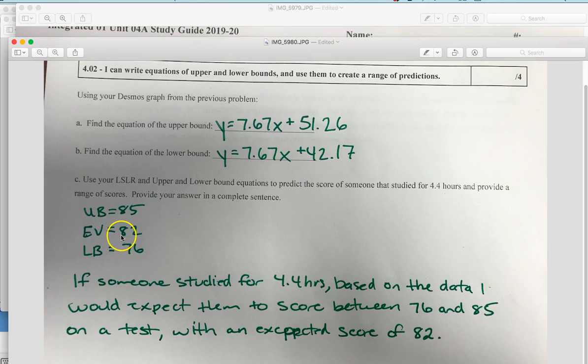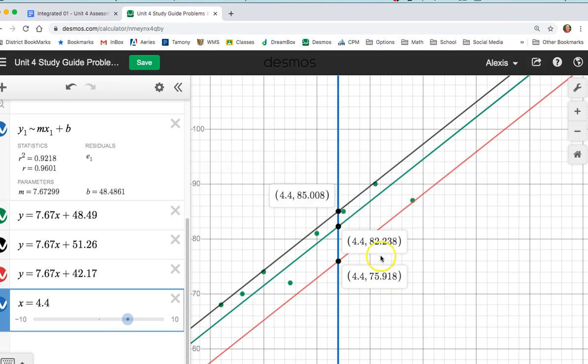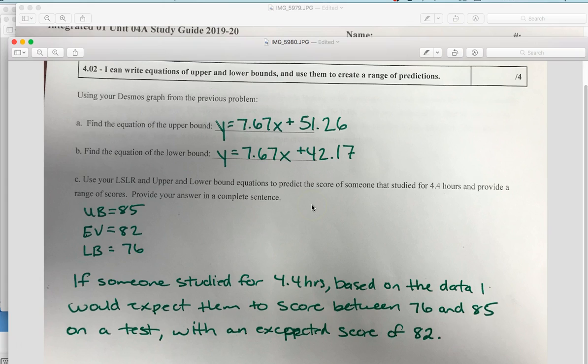The expected value was an 82, and the lower bound was a 76. Just to double check, 76, 82, 85. So here's my sentence. If someone studied for 4.4 hours, based on the data, I would expect them to score between 76 and 85 on a test with an expected score of 82.